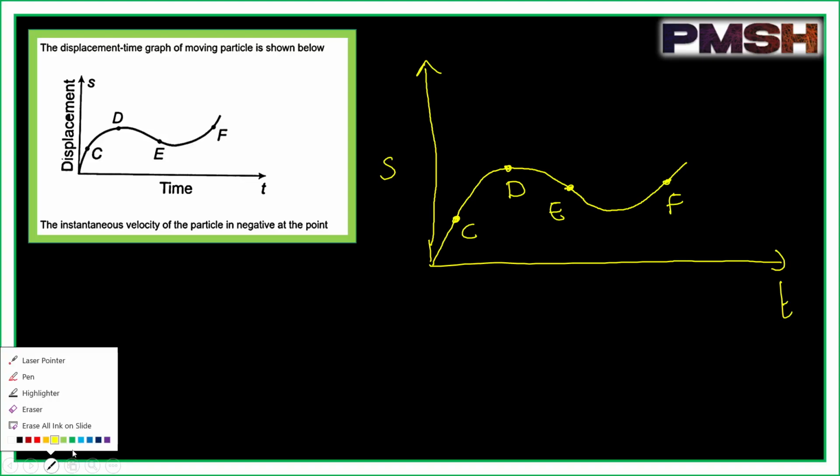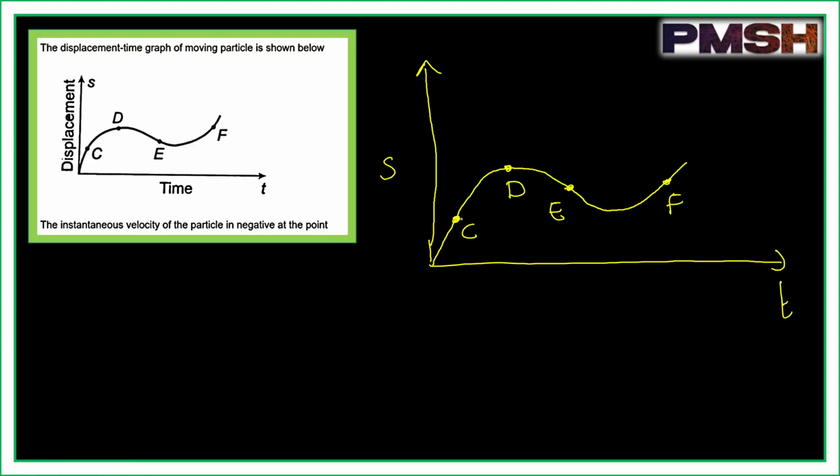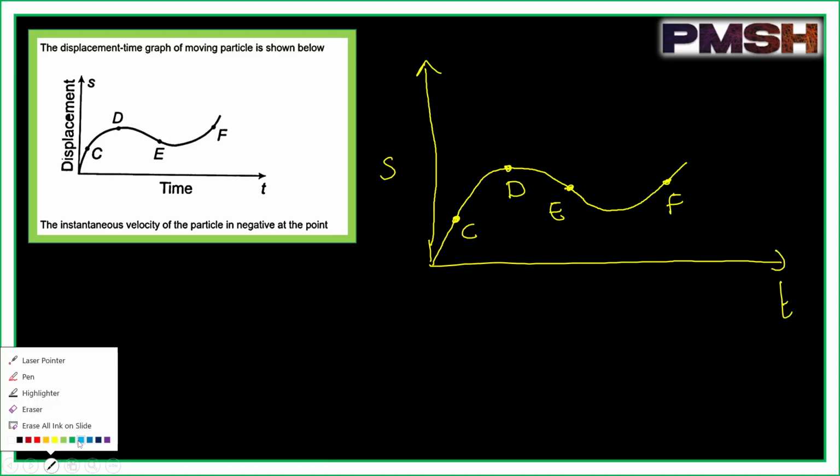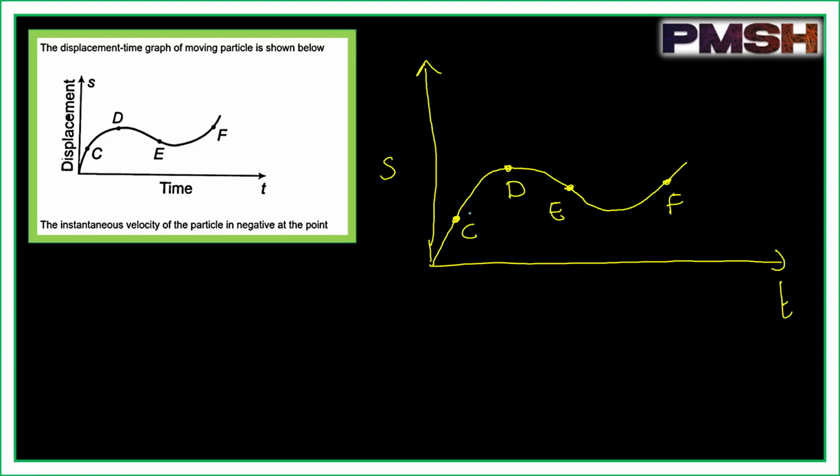So let's see how to find the slope at C. We have already told that to find the slope at a point, you have to draw a horizontal line and draw a tangent.